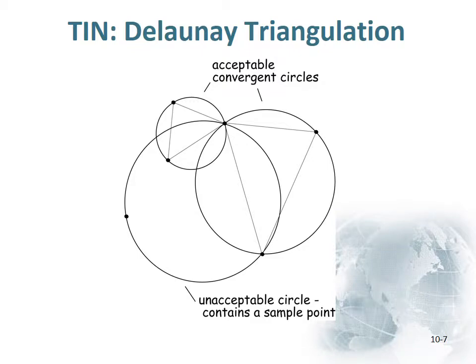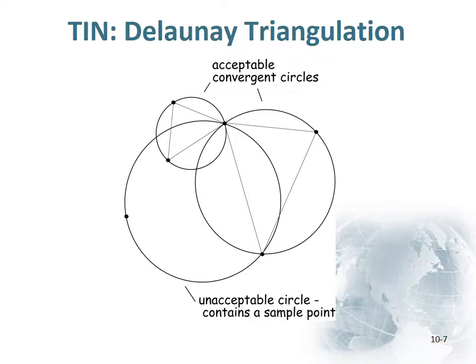How this works is based upon a particular mathematical technique called Delaunay triangulation. Delaunay triangulation requires that each triangle can be circumscribed by one circle, and that circle will intersect 3 points and 3 points only.